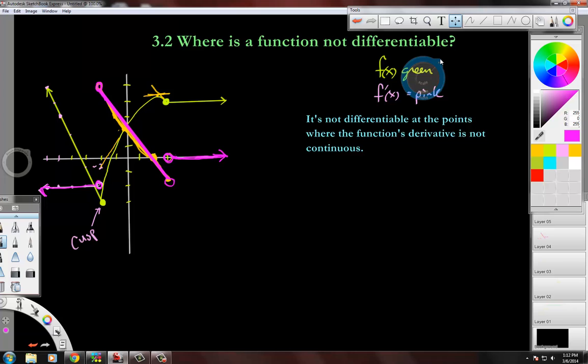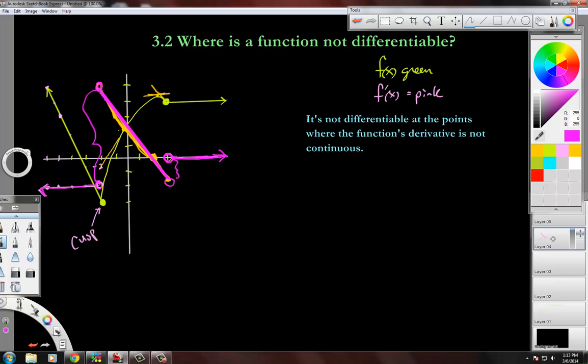And basically, boiling all this down, a function is not differentiable at the points where the function's derivative, the graph of the derivative, is not continuous. So when you have these breaks in here like this, here and here, those aren't continuous.